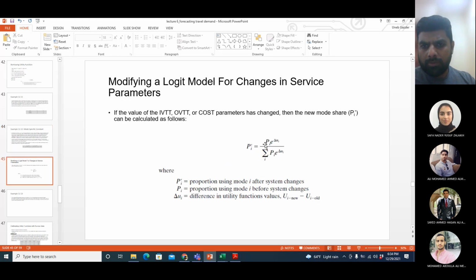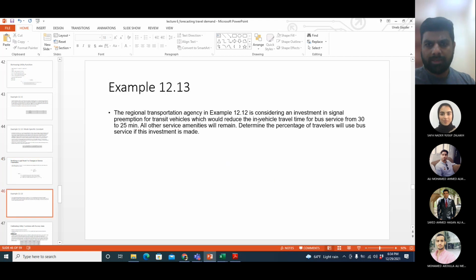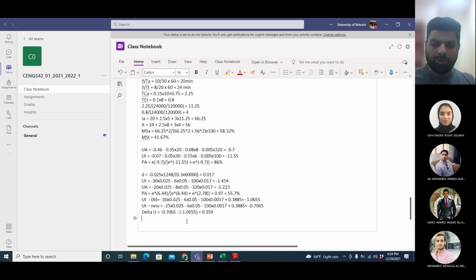So the old, which is 65%, into this. So only the parameter for bus is changing. Okay, in this case, the bus service is changing. So for the car, delta u will remain 0. For car, delta u will remain 0. Okay, so the old probability is 0.65.